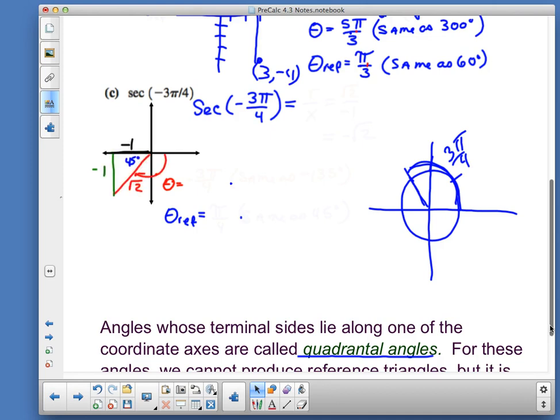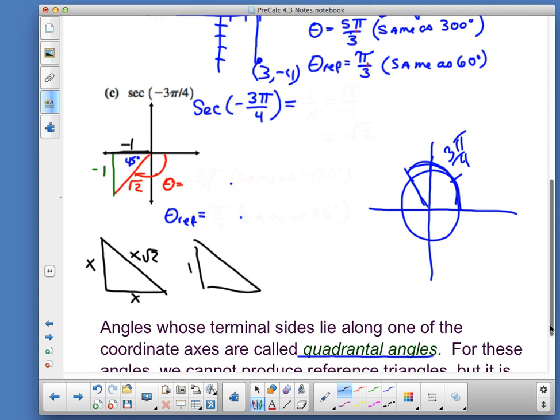I changed the type of triangle I'm using because I'm using a 45, 45, 90 triangle. Remember, in a 45, 45, we learned in geometry that I had x, x, x square root of 2. Well, the x's drop, and the ratio is 1, 1, square root of 2, and that's what I'm using.